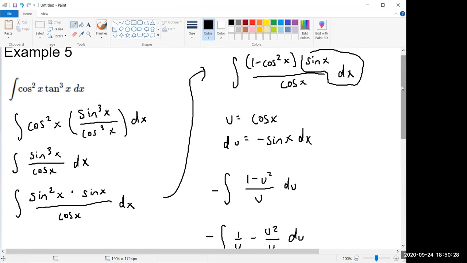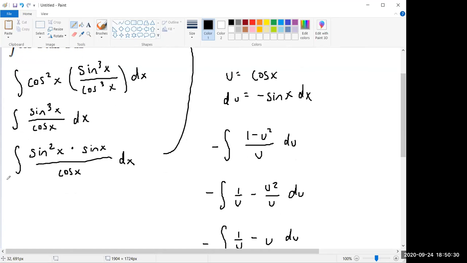Yeah, I'll explain that again. So going back to this step here, we wanted to see what would happen if we let u equal sine of x. And if we chose to do that, then du is cosine of x dx, right?